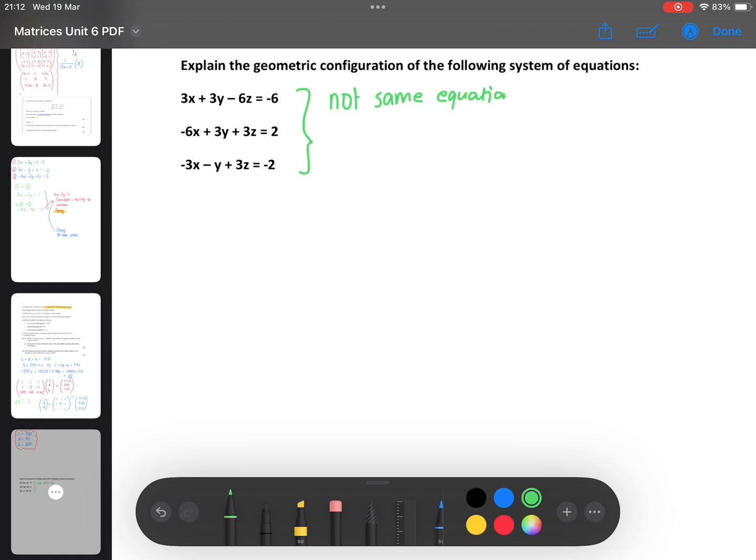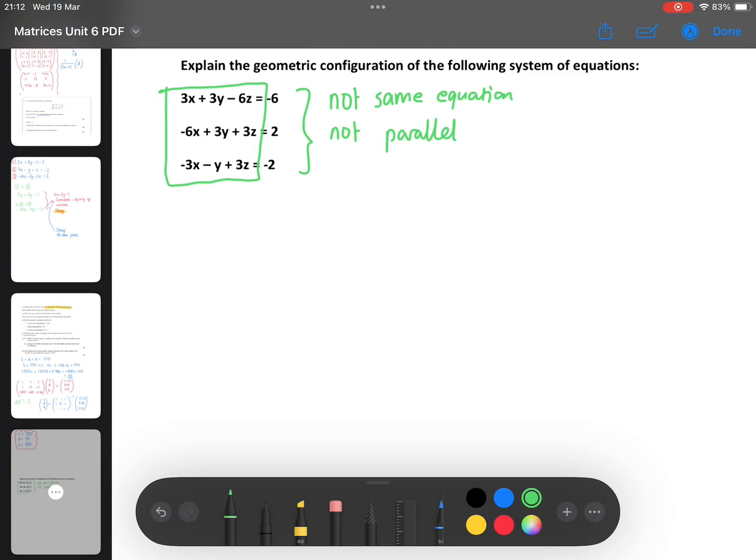And they are not parallel either, because you can't even multiply these by some scalar value to make that side all the same. That won't work either. So they're not parallel.